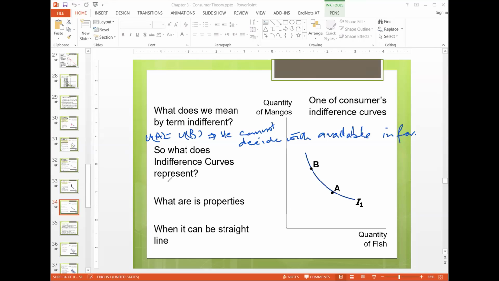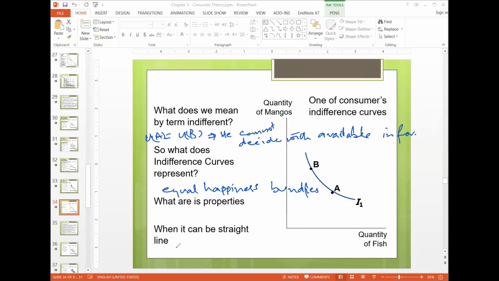Okay, so what does an indifference curve represent? It represents the set of bundles which have equal happiness. So what are its properties? We have discussed its properties. So why can't it be a straight line? First of all, let me tell you why it is bent.